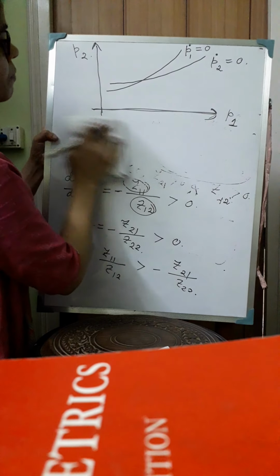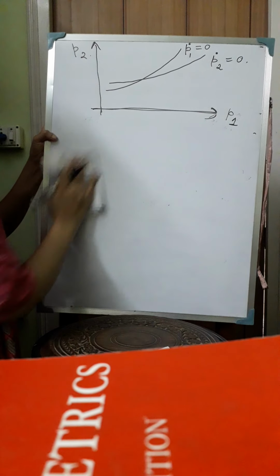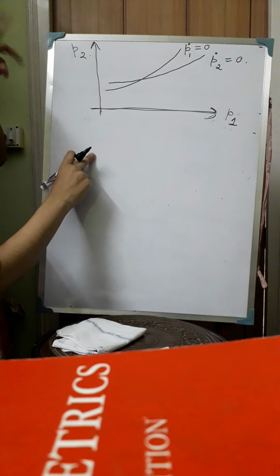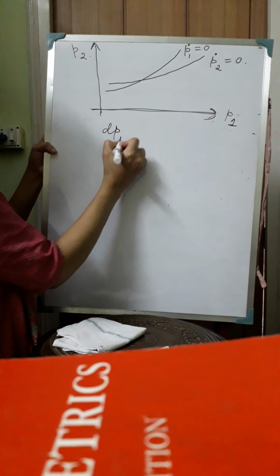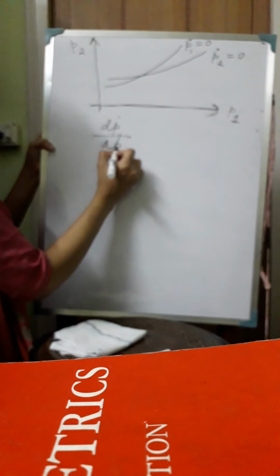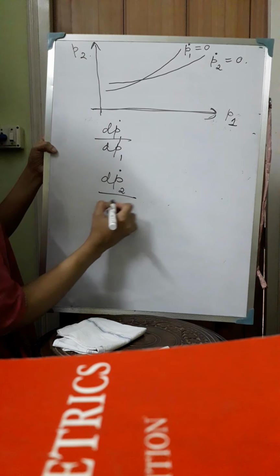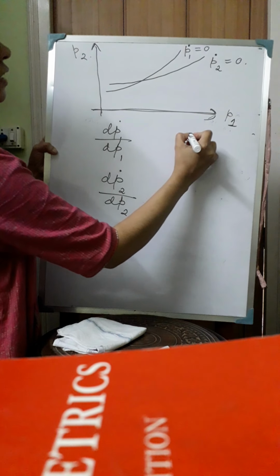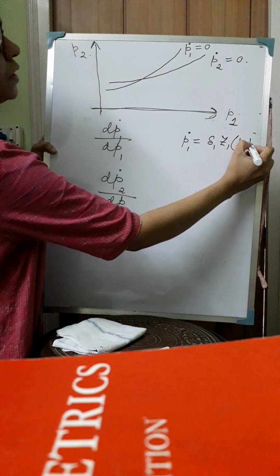Now we have to determine the signs of P1 dot and P2 dot to the left and right of these two curves. So for that we have to consider two things, dP1 dot/dP1 and dP2 dot/dP2. Now what is P1 dot? P1 dot is delta 1 Z1(P1, P2).